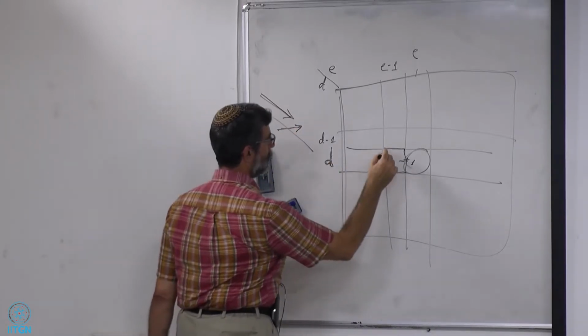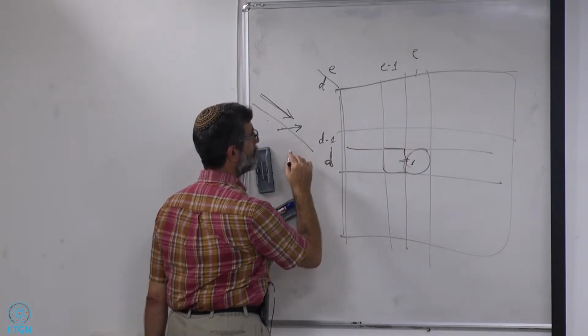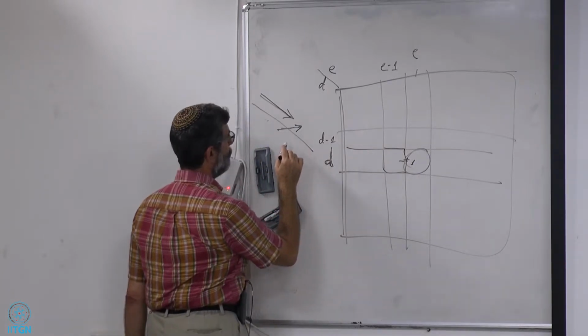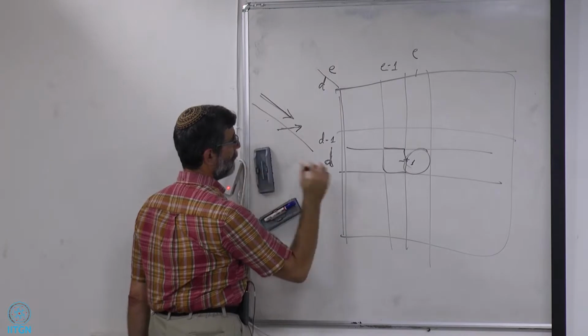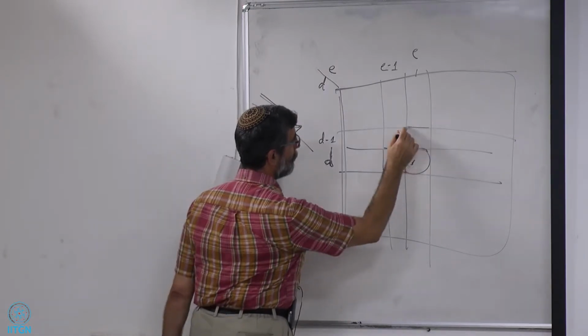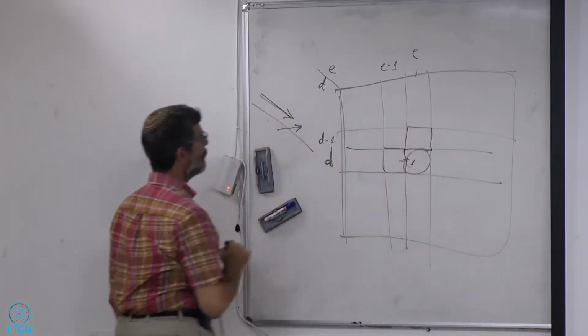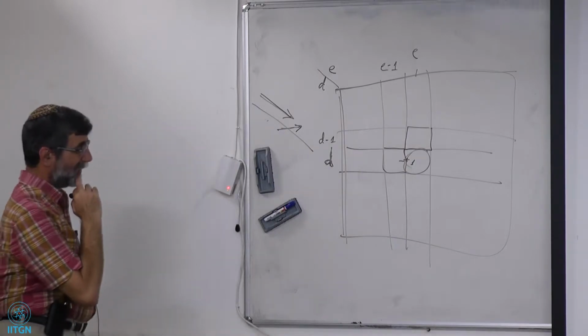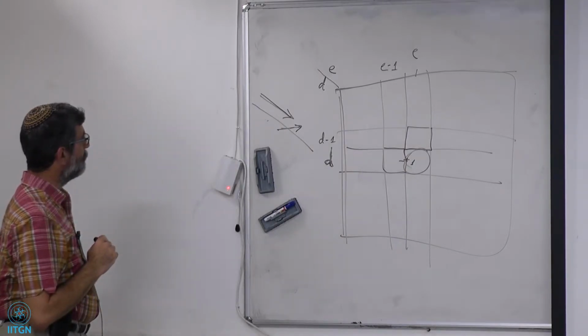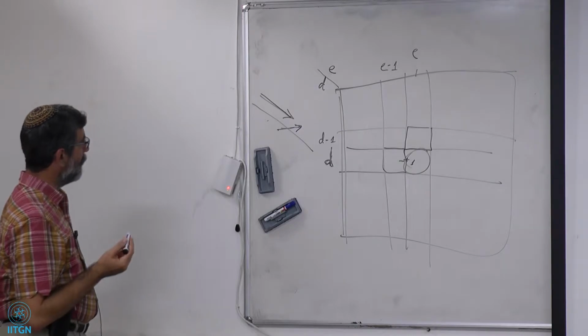So let's look at what D minus 1 has with E errors, right? Yeah.